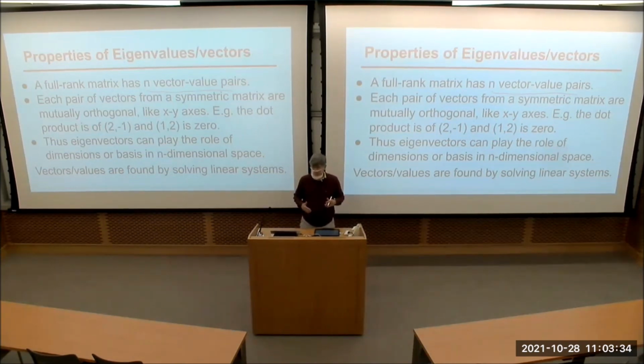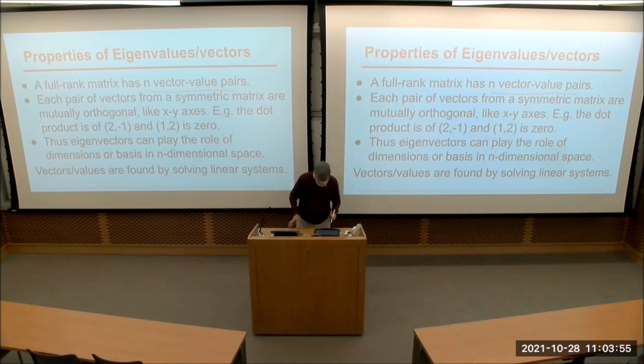Remember, the dot product corresponded to the cosine of the angle between them. What is the case where the cosine is 0? That was the case where the vectors were orthogonal to each other.